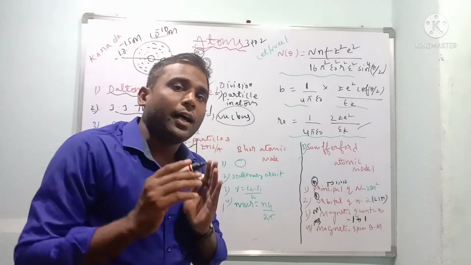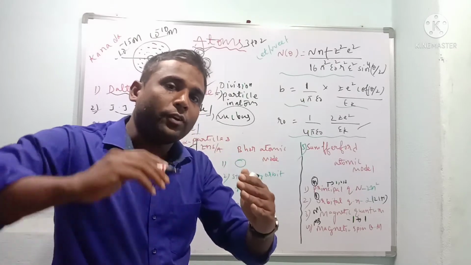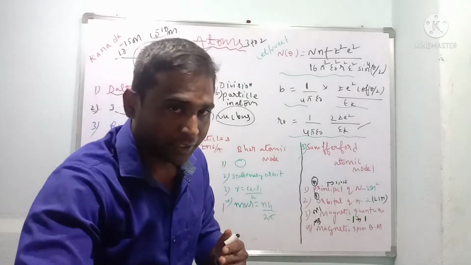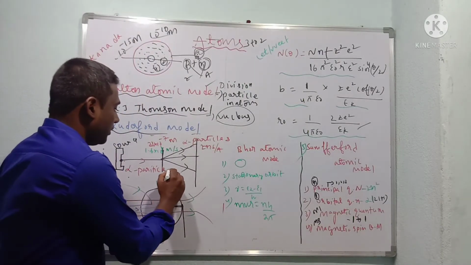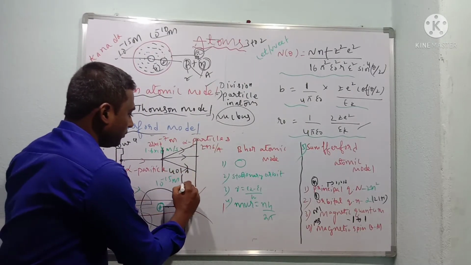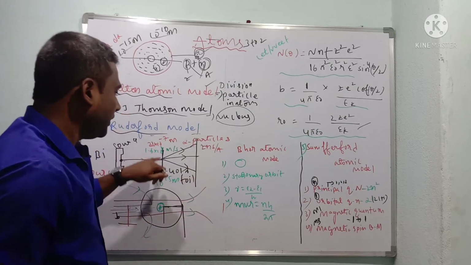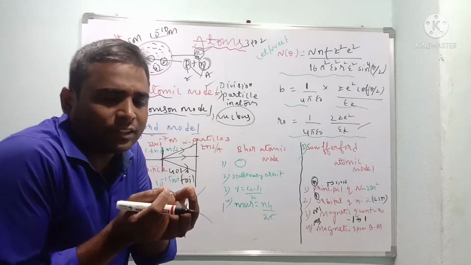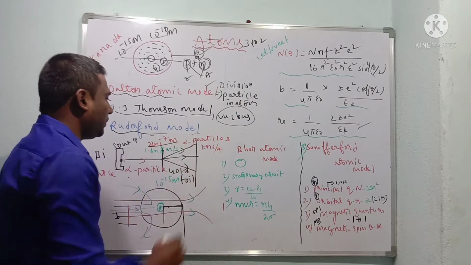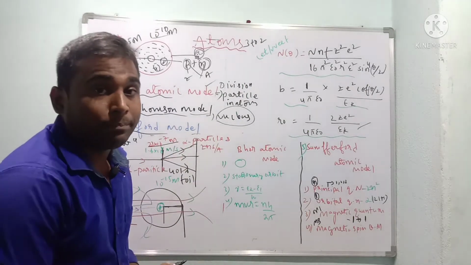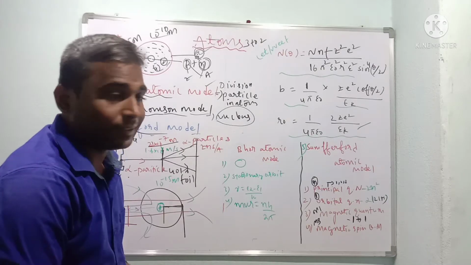Here the alpha particle's mass is 4 times that of a proton, that you know. Now here this is called gold foil. Dear students, its thickness is very small, about 2.1 into 10 to the power of minus 7 meter. Very important, it is used in the numericals.